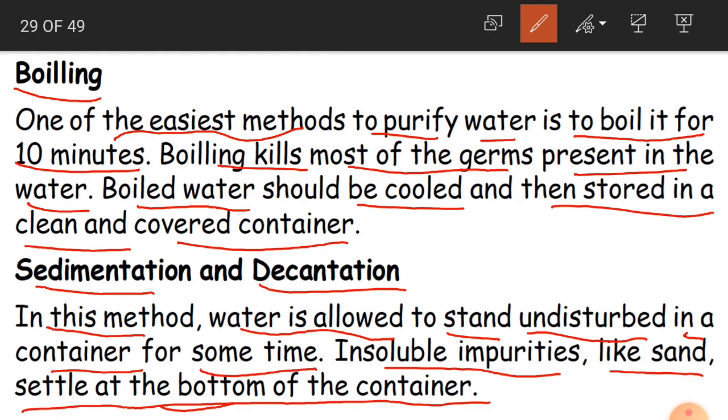Suppose when you get water from the taps, we store it in a bucket. We fill the bucket with the tap water and keep that bucket aside, and after half an hour or 1 hour, if you see, you can see small dust particles or sand settled at the bottom of the bucket.